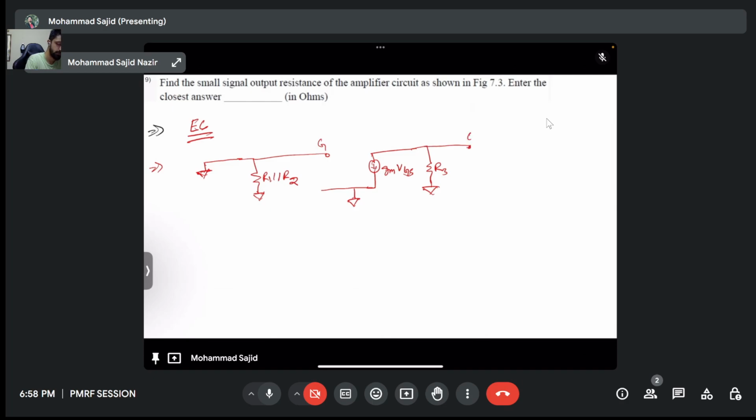This is again gate 2, which is D1, G1, S1.